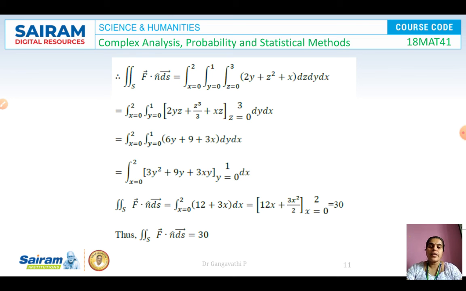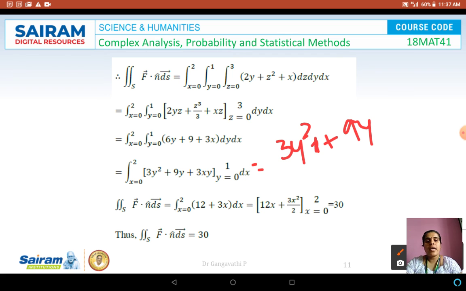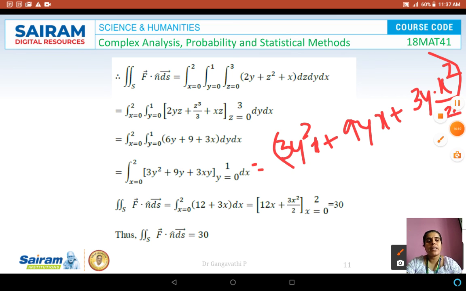So again integrating with respect to x, we get 3y square x plus 9y x plus 3y into x square by 2. This has to be evaluated between the limits 0 and 2.